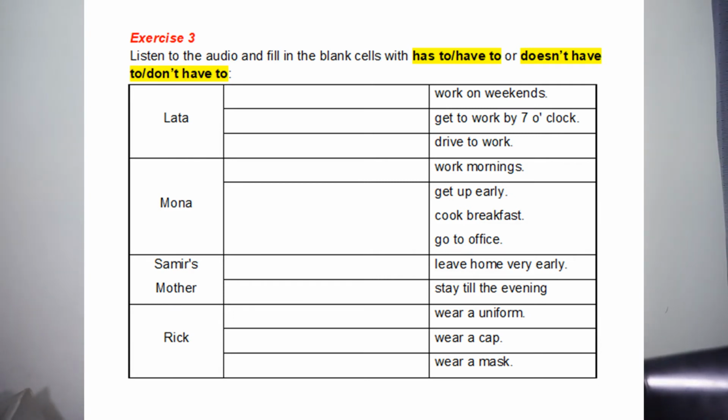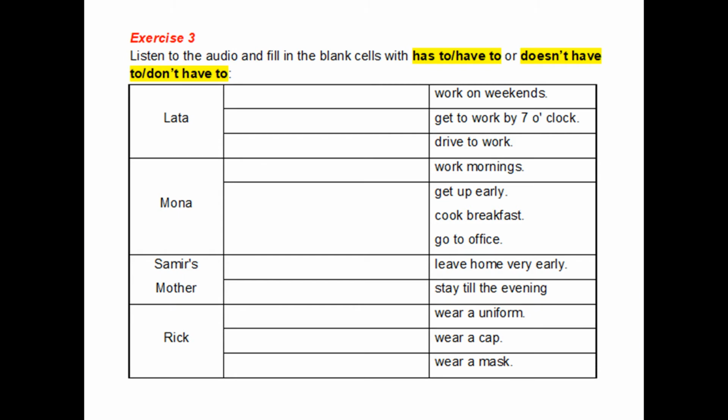So, like the first task with Lata is work on weekends. Second task is get to work by 7 o'clock. Third task is drive to work. So, what you have to do is listen to the audio and say whether Lata has to or doesn't have to do these tasks. Fill in the blank cells for Lata, Mona, Samir's mother, and Rick. Let's play the audio. Speaker 1.